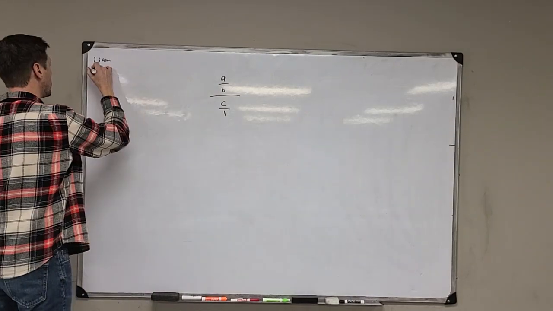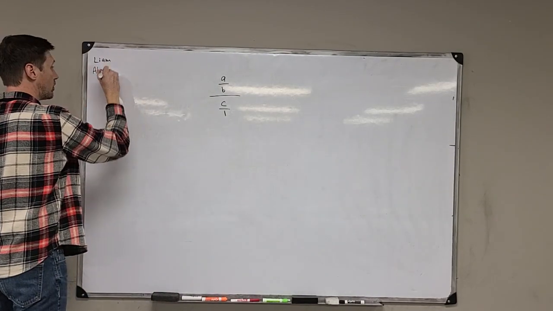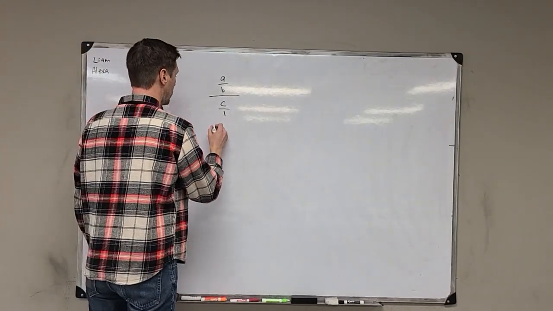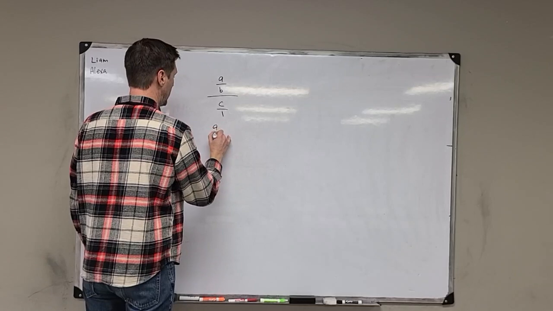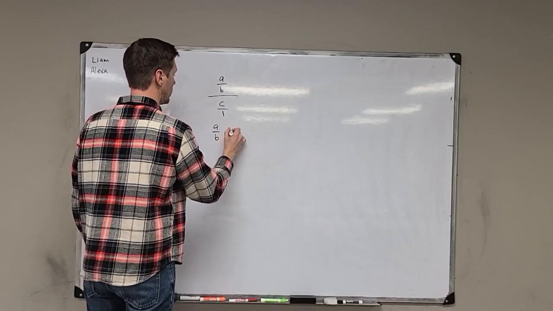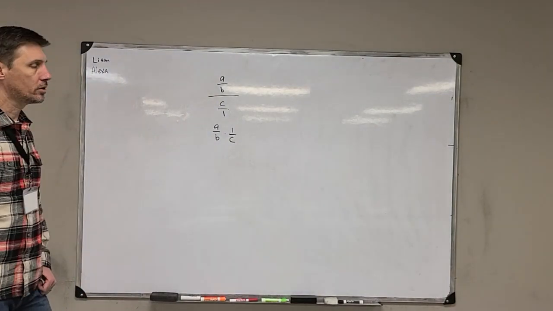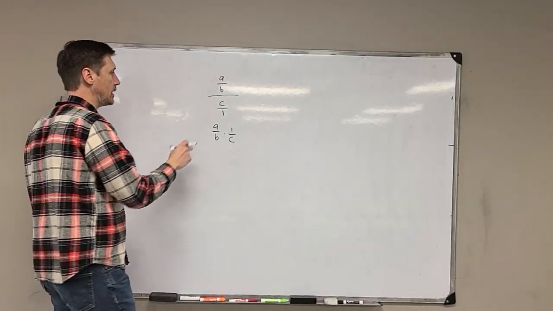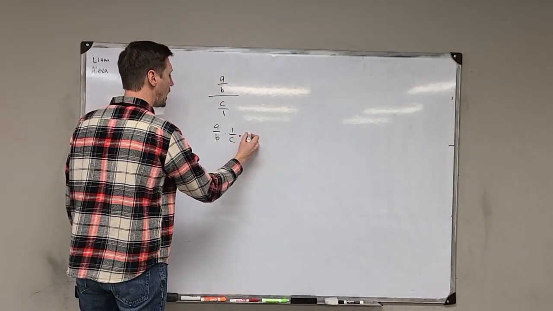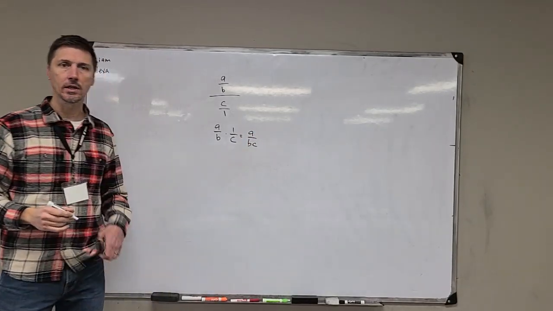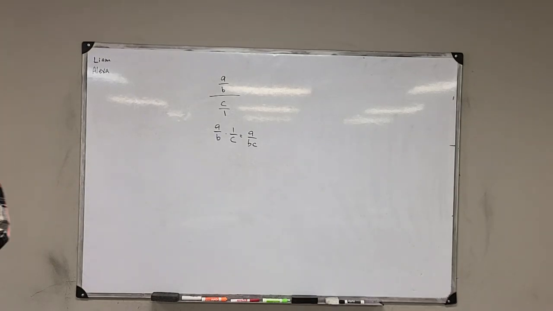So I'm gonna do, as Alexa calls it, invert and multiply, or multiply by the reciprocal, however you want to think about that. So we're gonna do A over B times 1 over C. We flip this guy, which we call the reciprocal, or you can think of it as inverting it. You flip it upside down and you multiply by it, and then when we do that, we get A over BC. Right? So that's what our answer would be for that problem.